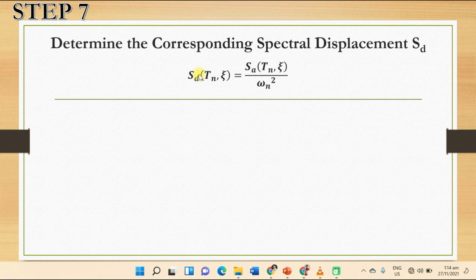So, yung SD, which is the function of period and damping ratio C, is equal to itong kanina, spectral acceleration, function of TNC over period n squared, frequency n squared.